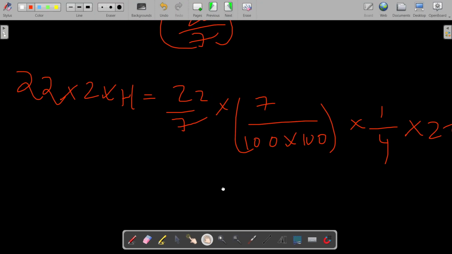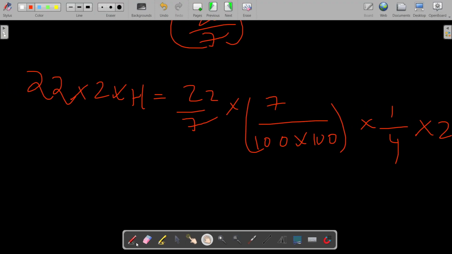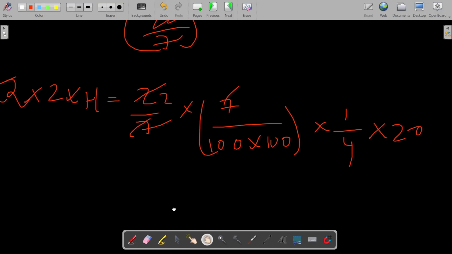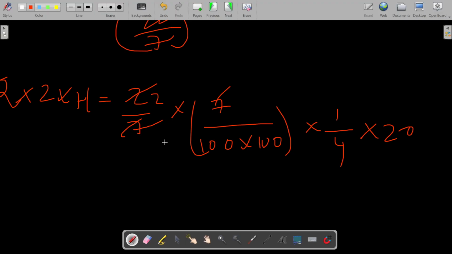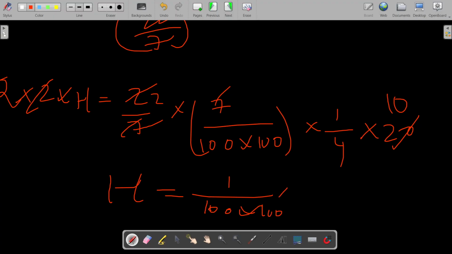So this 22 gets cancelled, this 7 gets cancelled, and this 2 gets cancelled with this. 2 tens are 20, and h is equal to 1 over 100 times 100 into 10 over 4.